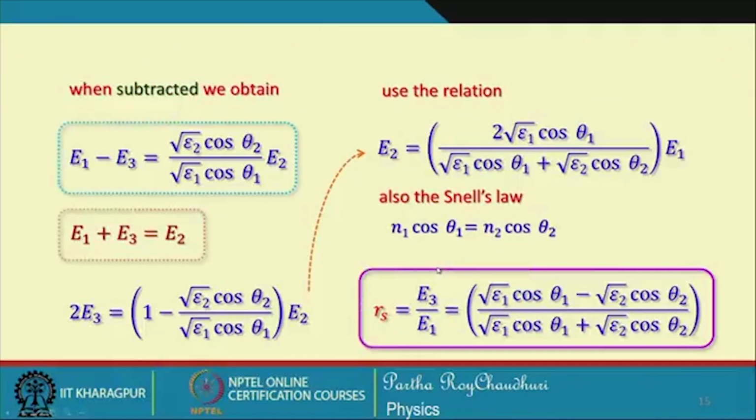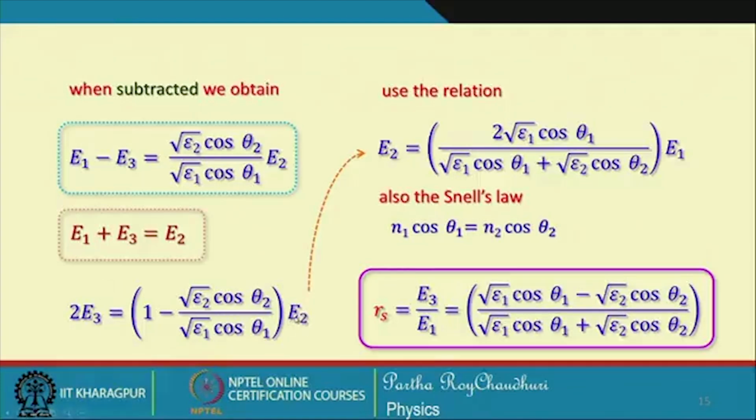And the next step is to do the other part of the manipulation, that is when you subtract these two equations. This equation is for the tangential component of the magnetic field, this is for the electric field continuity. So, if I subtract these two equations, then you will get twice E3 equal to 1 minus this quantity multiplied by E2, which gives you that, but I need a relation which will involve E3 and E1, but this is in terms of E2.